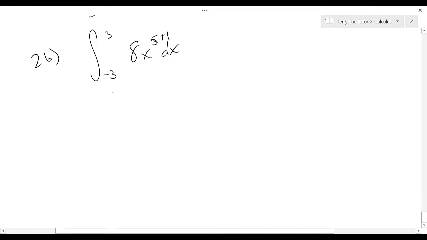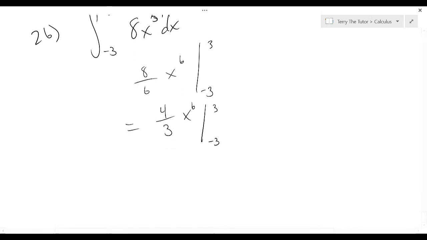So we're going to say 8 divided by 6, x to the 6th on the interval from -3 to 3. 8 divided by 6 can reduce to 4 over 3 x to the 6th on the interval from -3 to 3. And I think something interesting is going to happen here.